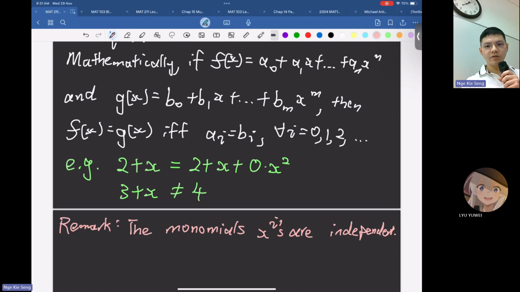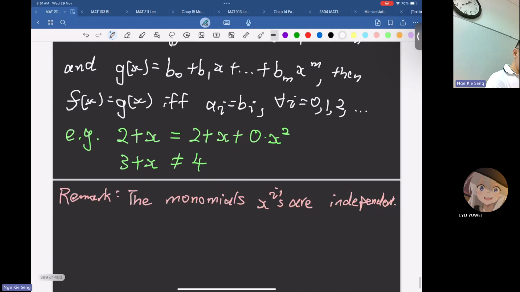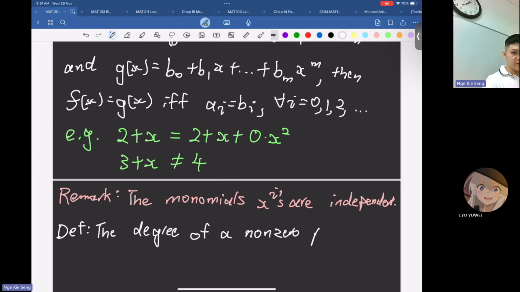How about we introduce all the definitions and then we take a break? So next we can define the degree of a non-zero polynomial. What's the degree of a non-zero polynomial? We'll denote this by deg.